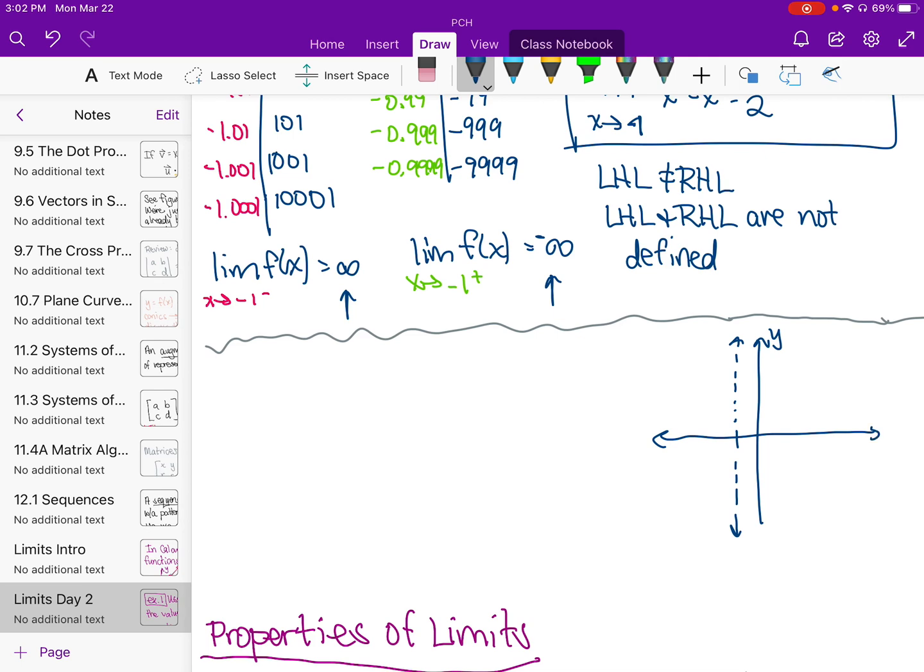The goal is to be able to have a picture of the graph. So approaching from the left, I'm going to infinity, and approaching from the right, I'm going to negative infinity. So that's what those limits are telling me, okay?